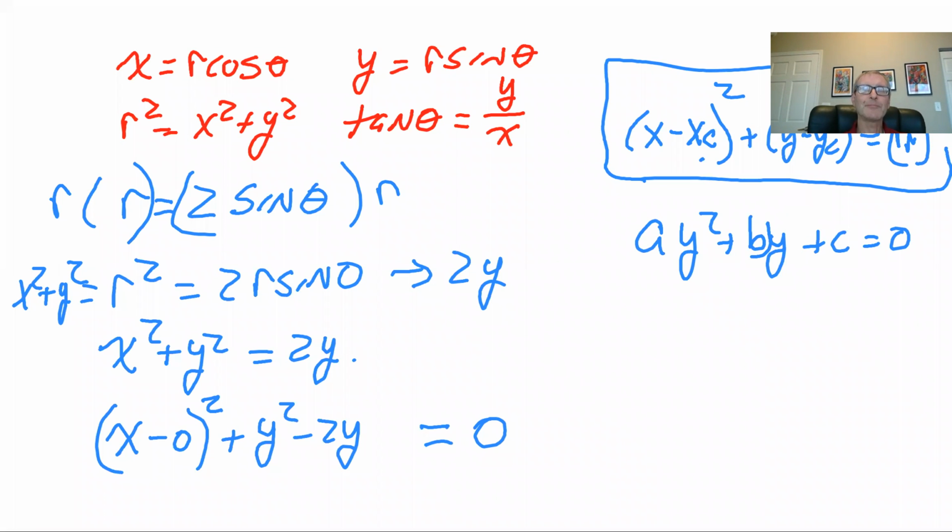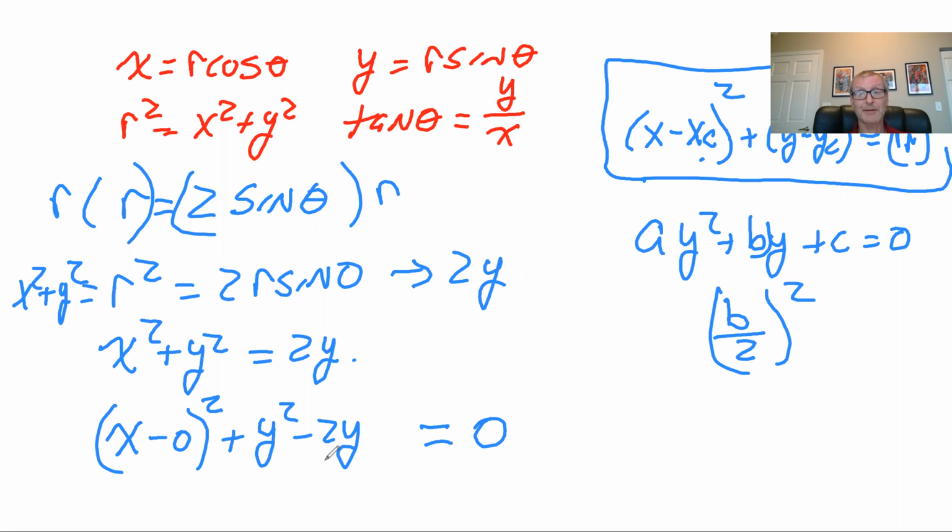So that b value is in front of the linear term. What you wanted to do when you completed the square was take the b value, divide it by 2, and then square it. And by doing that, you would automatically complete the square so you could set it up in the standard form for the circle equation.